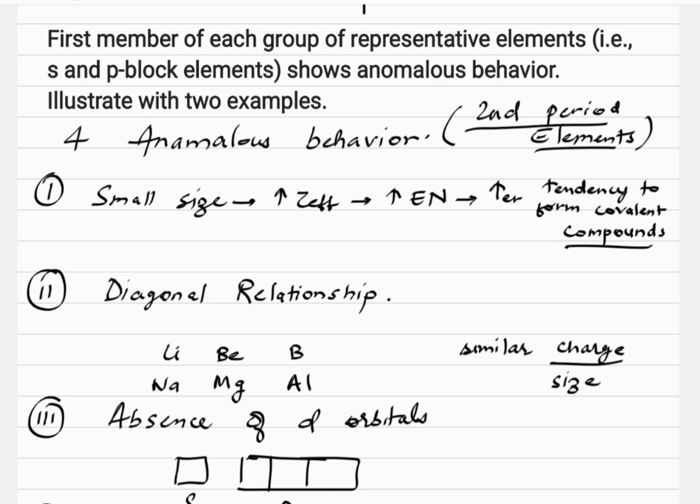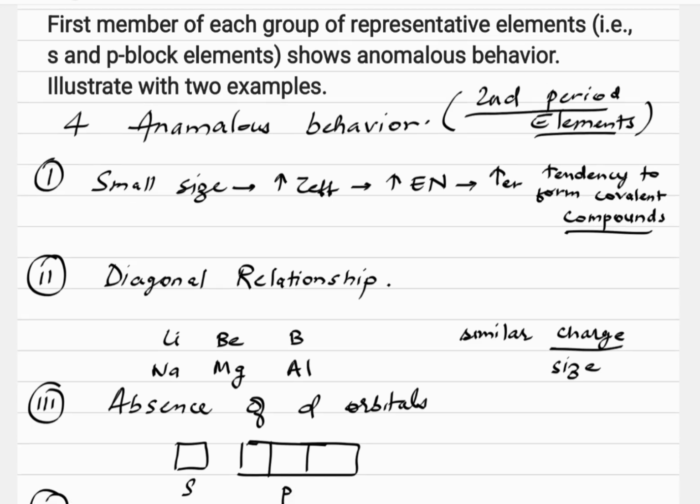anomalous behavior, different behavior than the rest of their group members. First of all, because they are at the top of their group, and we know that as we go down a group, size increases considerably. So that means the first member is going to be very small. If it's small, its Z effective would be higher. That means its electronegativity would be higher compared to the rest of the members.